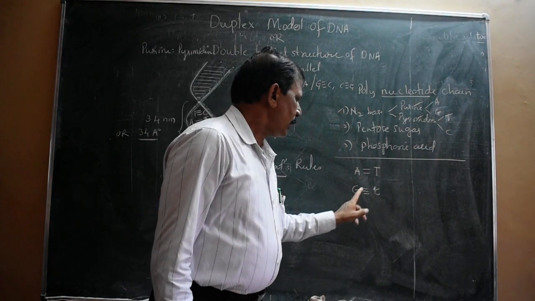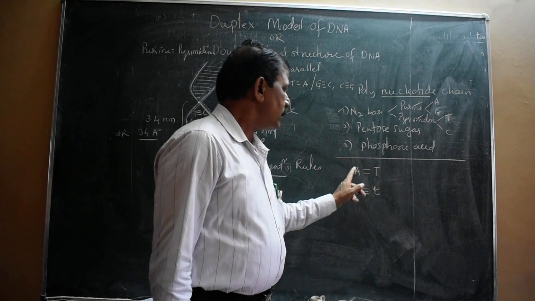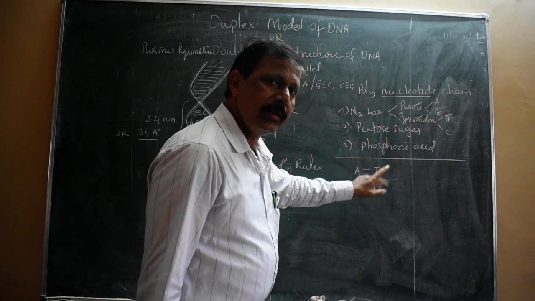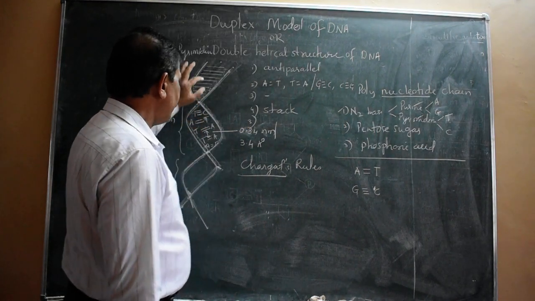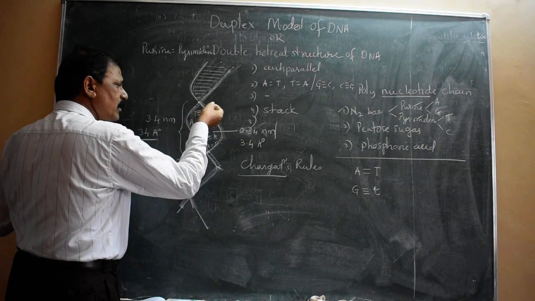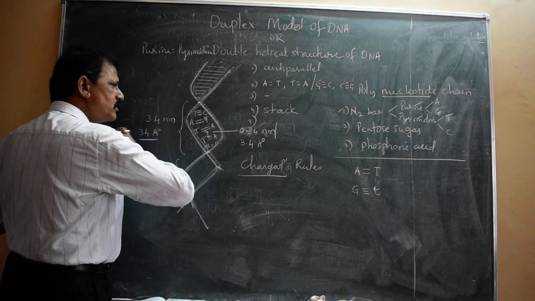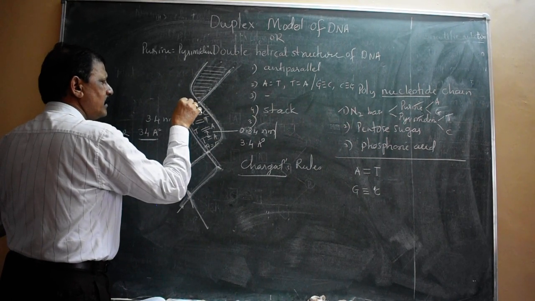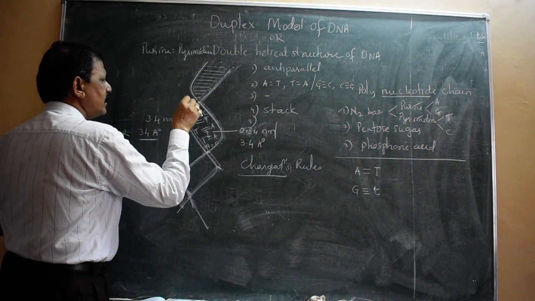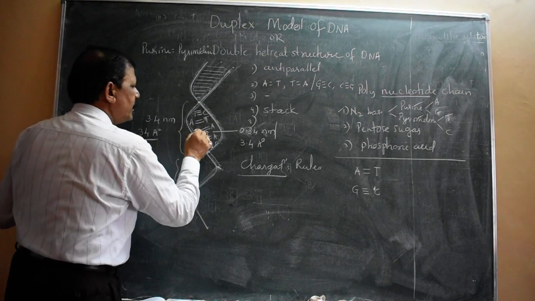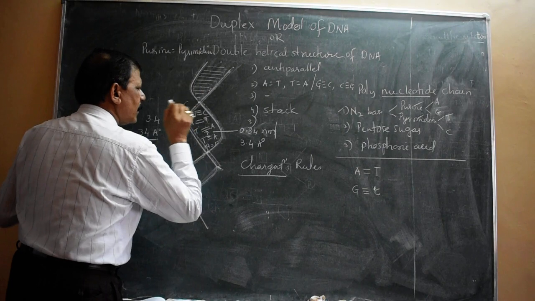So adenine, thymine, guanine, and cytosine. These two are the purine bases, and these two are the pyrimidine bases. In any DNA molecule, the total number of purines and the total number of pyrimidines is almost equal. Adenine is there, and then the same number of thymine.